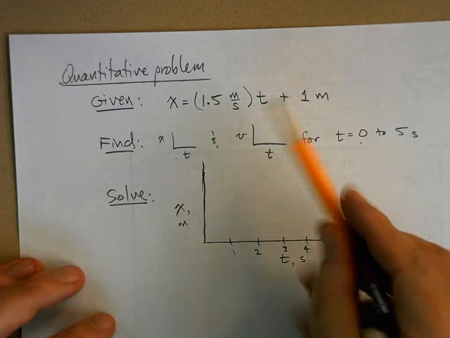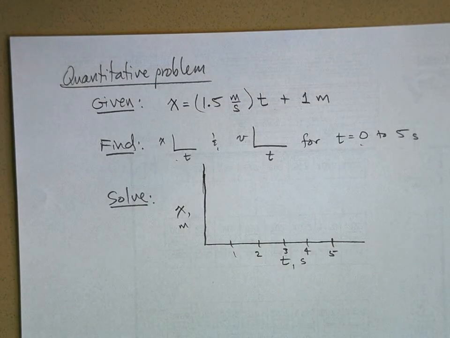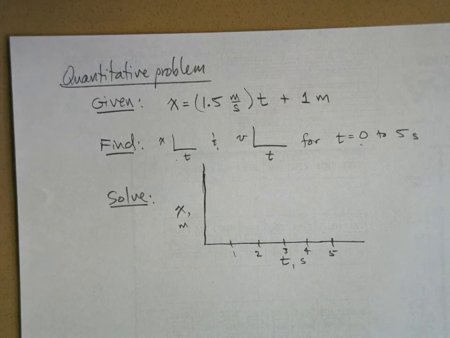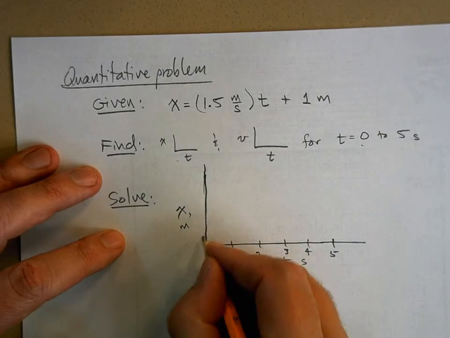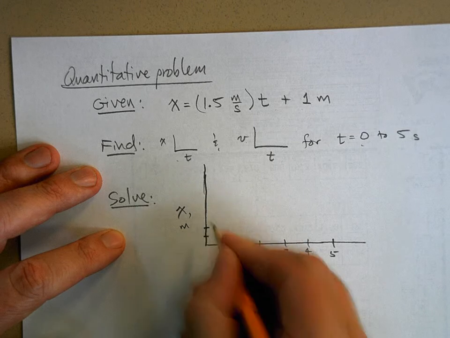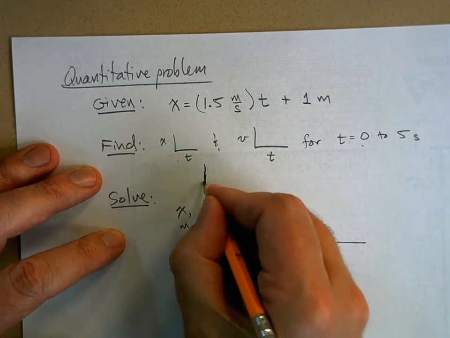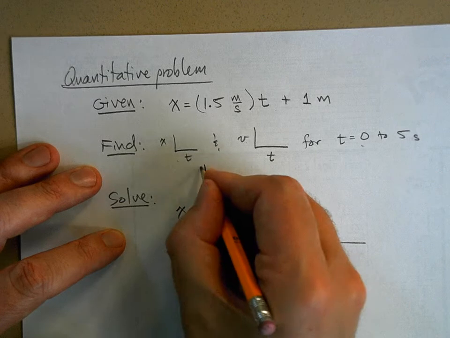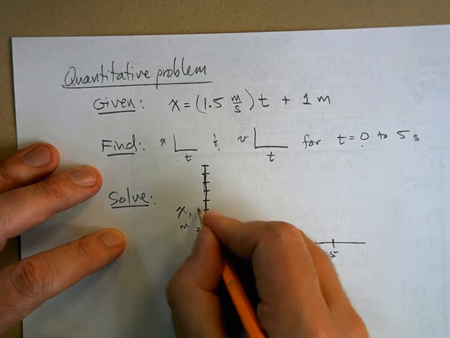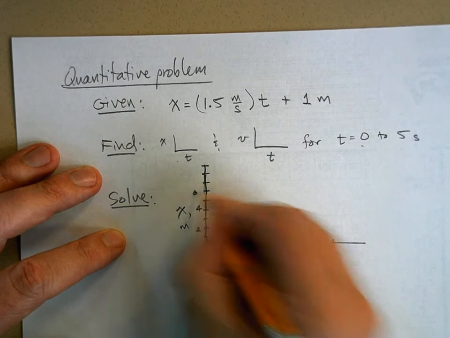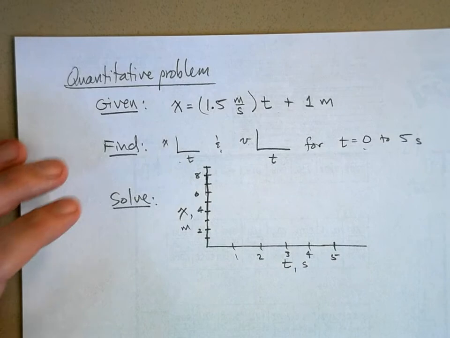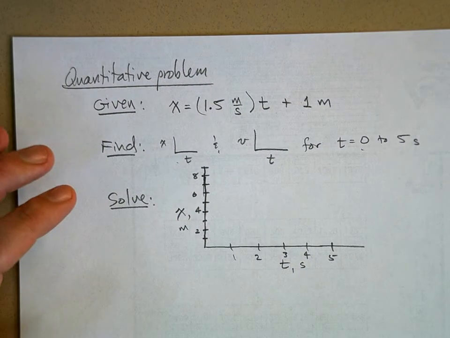Plus 1 is what? 8.5. So I'm probably going to make this from 1 to 9 or 1 to 10, something like that. So 1, 2, 3, 4, 5, 6, 7, 8, 9. Then I'll just go 2, 4, 6, 8. Now I'm going to show you a shortcut here. You'll like this.